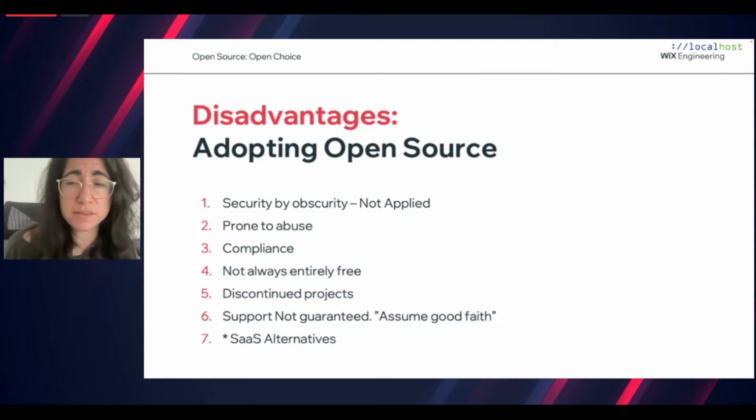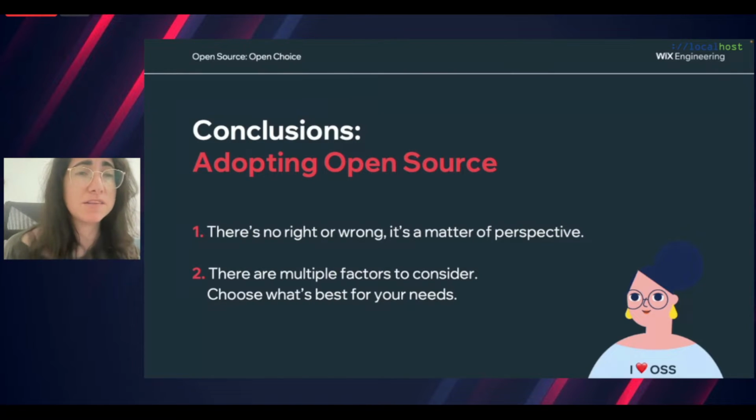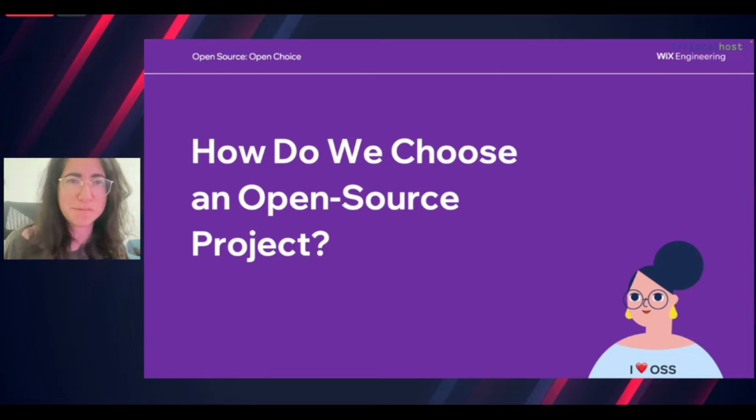SaaS popularity is likely only to rise as organizations shift more and more resources to the cloud. Okay, so to sum things up in regards to adopting open source software, there is really no right or wrong. It's a matter of perspective, and there are multiple factors to consider, and you need to choose the best solution for your needs. And speaking of your needs, how do we choose an open source project?